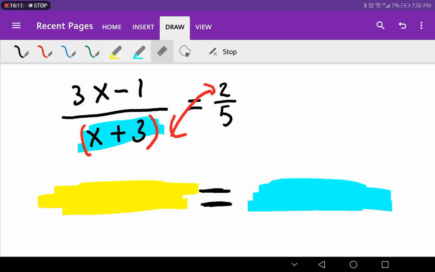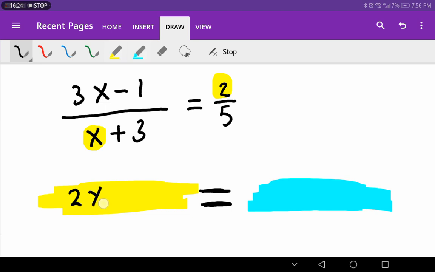So 2 multiply, I will do like this to make your life easier, my dear student. So 2 multiply by x equal 2x, and 2 again multiply by 3 equals 6, so positive 6. We are done from this. Are you happy?